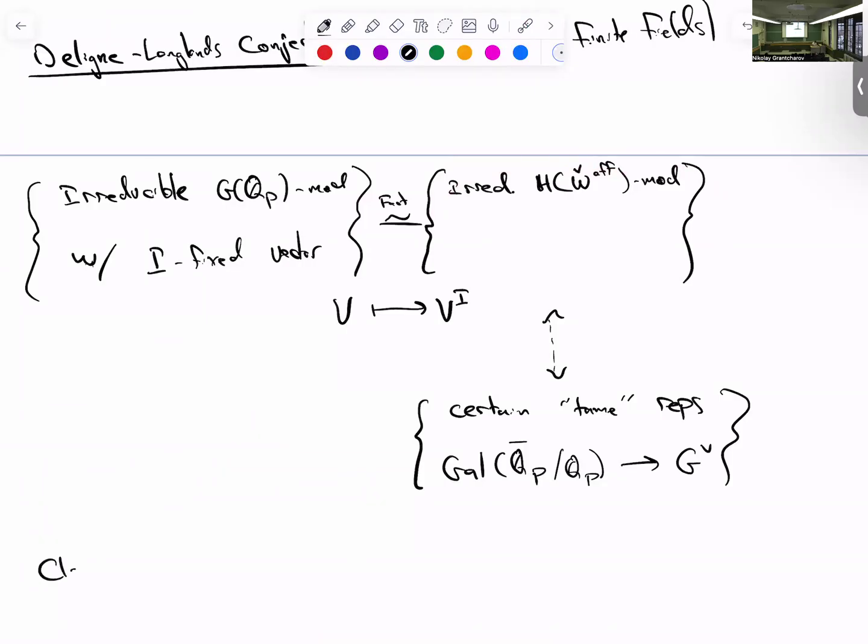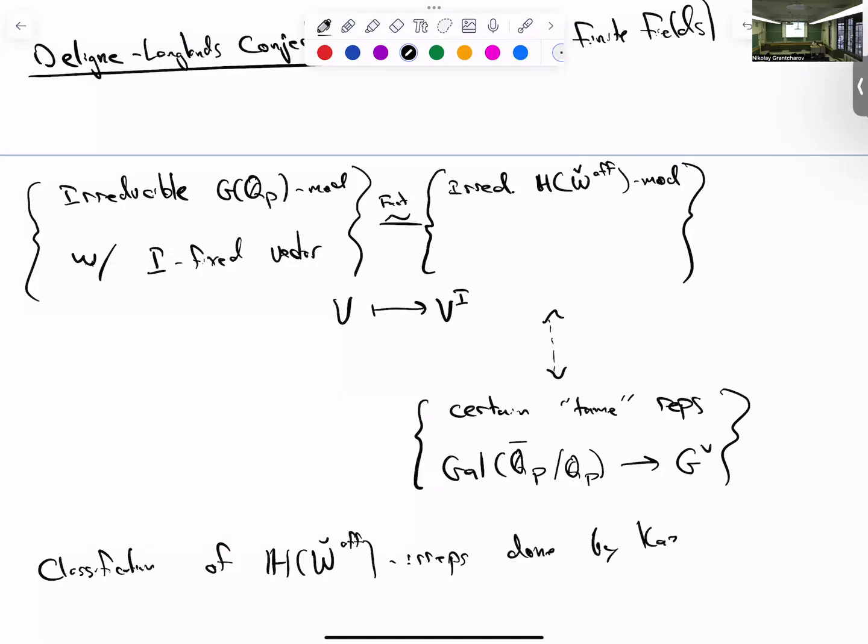So classification of modules for this affine Hecke algebra done by Kazhdan and Lusztig, and also by Ginzburg.